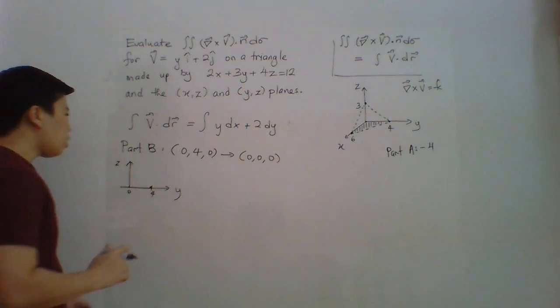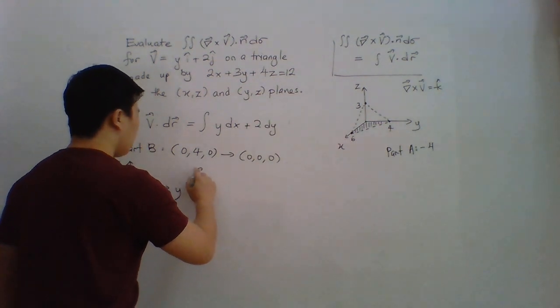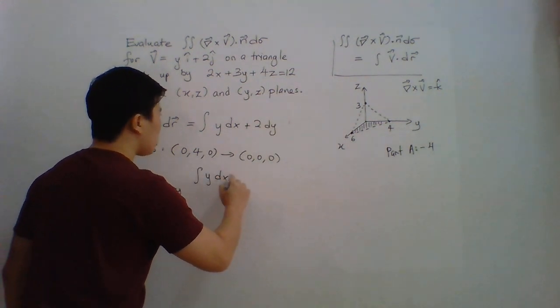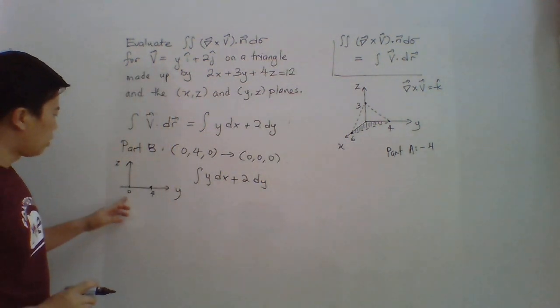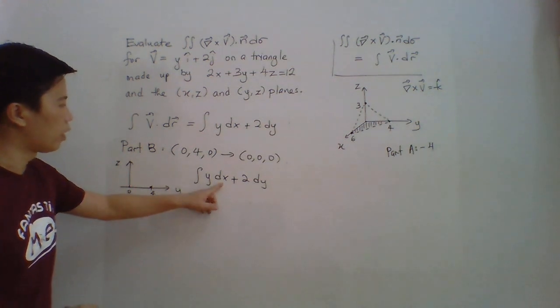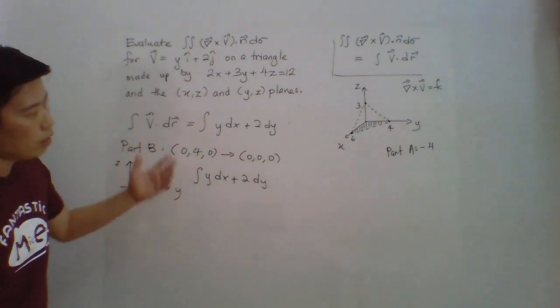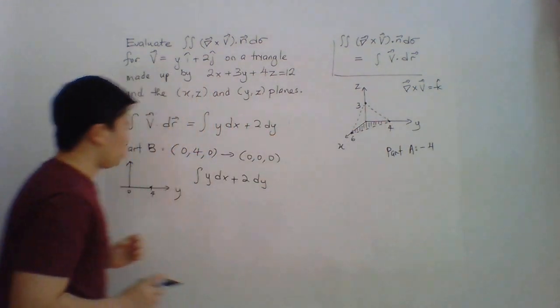Okay. This part is much easier because you are going to evaluate y dx plus 2 dy. In this case, my dx is going to be equal to 0 because my x is not going to change, because my x is on this line. My x is equal to 0.